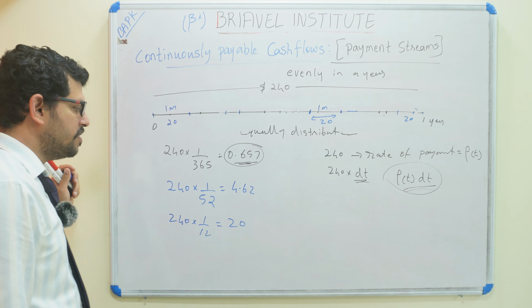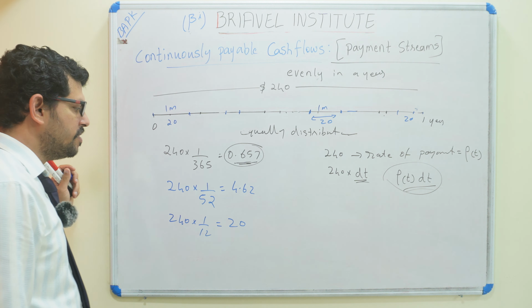If I take half yearly, that is 6 months, my payment will be 120. Here also 120, because it is equally distributed, or evenly spread, in a year.